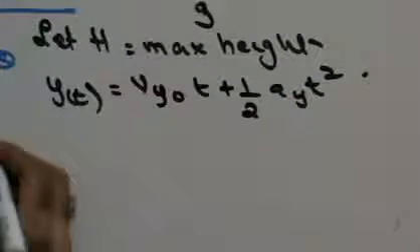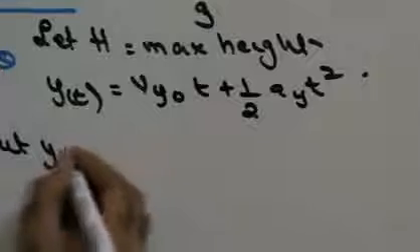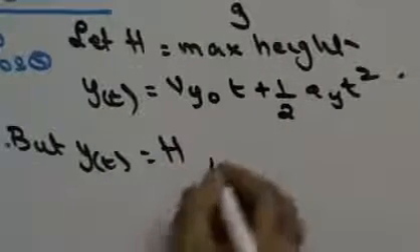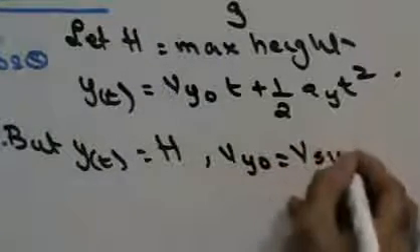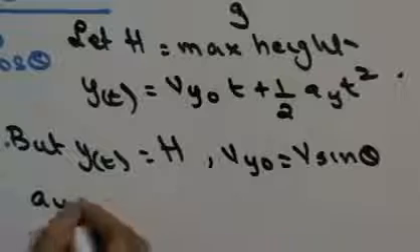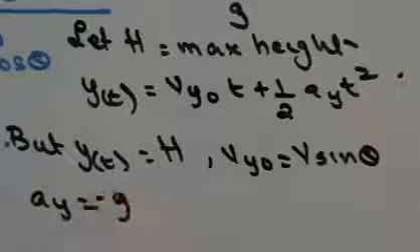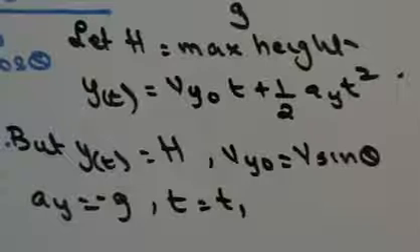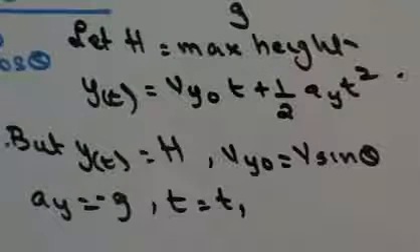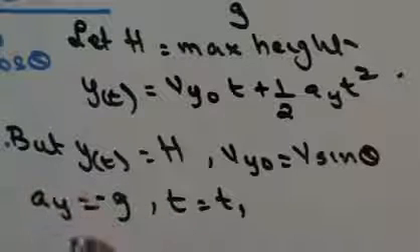The distance covered along the y-axis is h, the initial velocity along the y-axis is v sine theta, the acceleration along the y-axis is minus g, and time t is equal to t1, the time of ascent, that is the time taken by the body to go up.